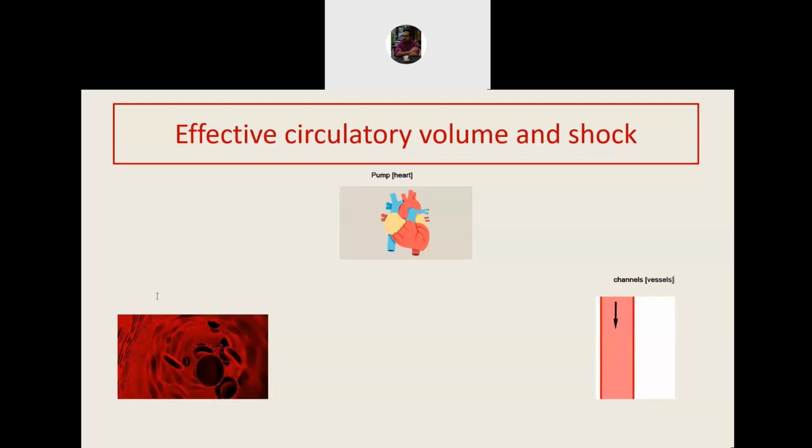And the third important component is the volume, which is represented by the amount of blood that is present in the blood vessels. These three components cooperate with each other to maintain what is called supply of blood, that is tissue perfusion.